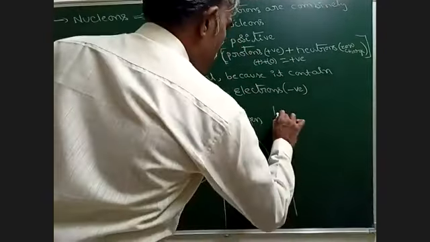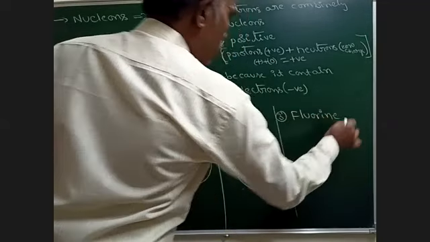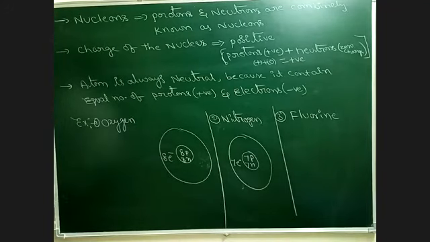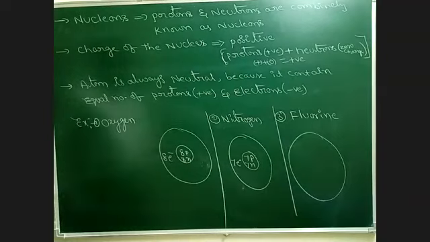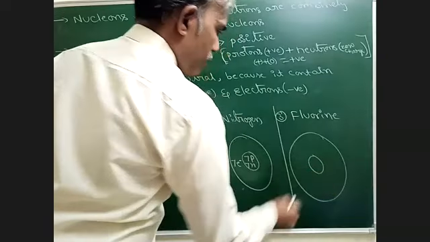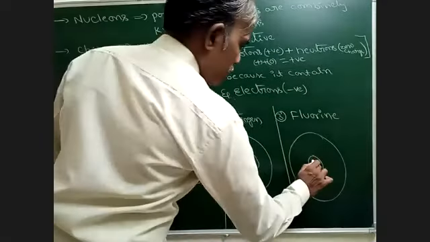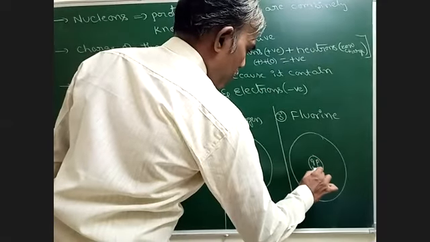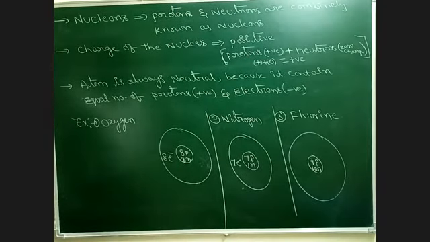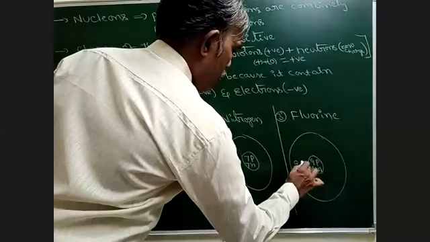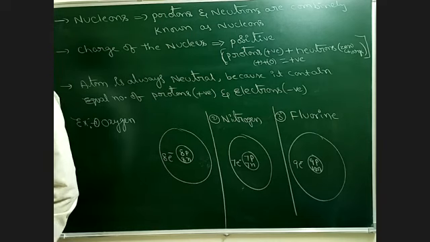Now take another example, fluorine. Here is the fluorine atom. It has a central part known as the nucleus, in which there are 9 protons and 10 neutrons, and 9 electrons.